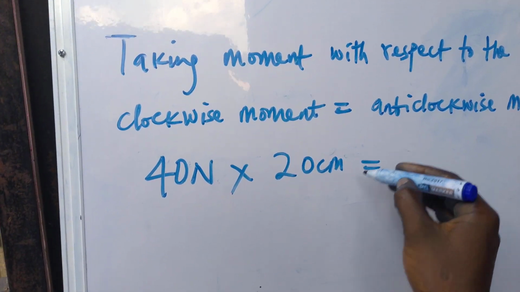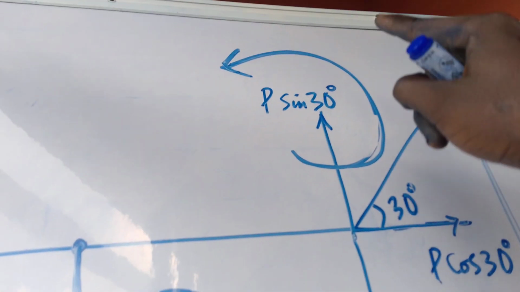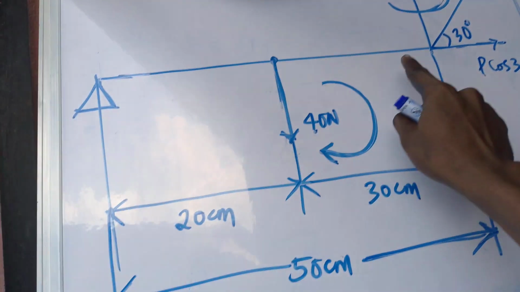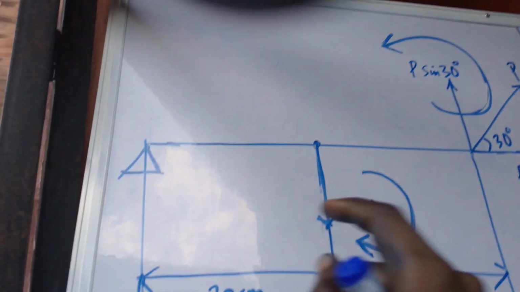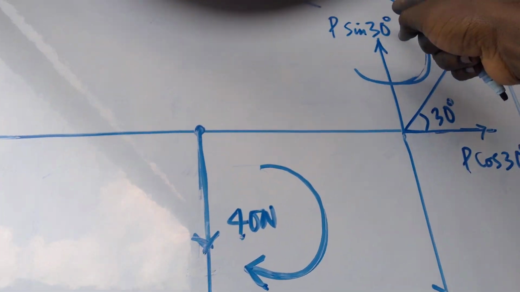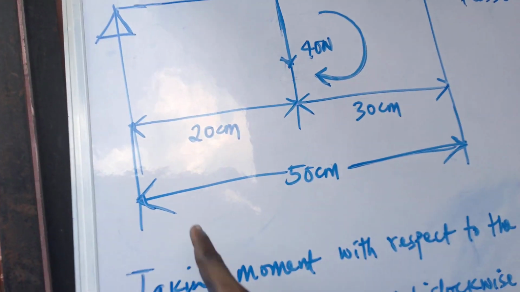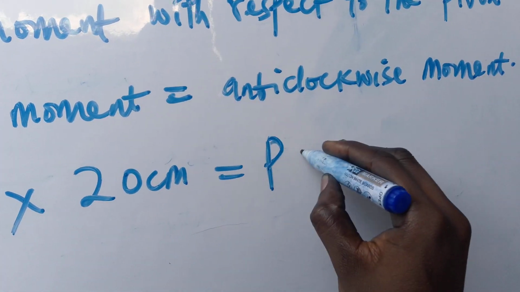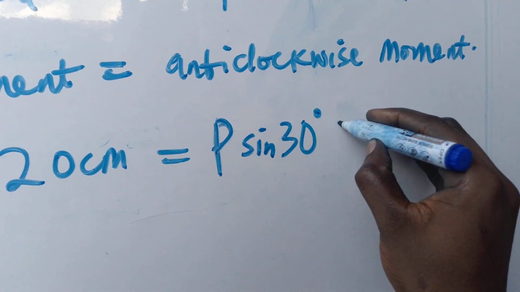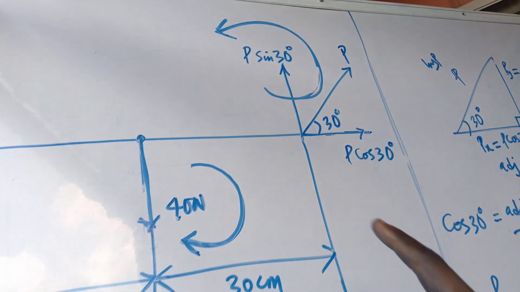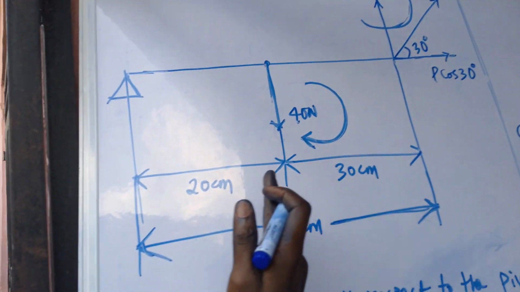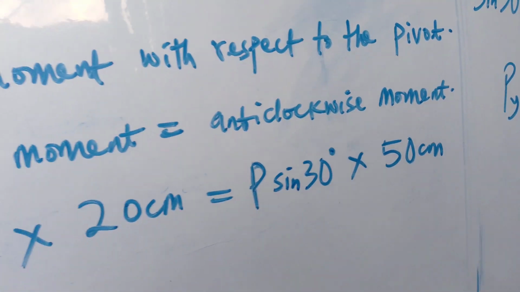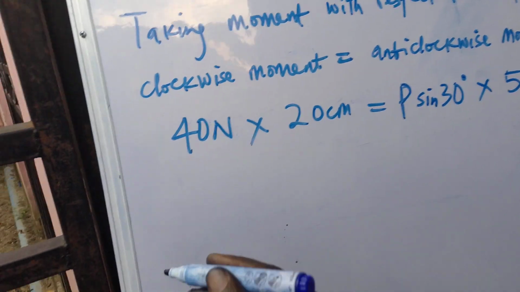The anti-clockwise moment will be P sine 30 degrees times the perpendicular distance from here to here, which is 50 centimeter.